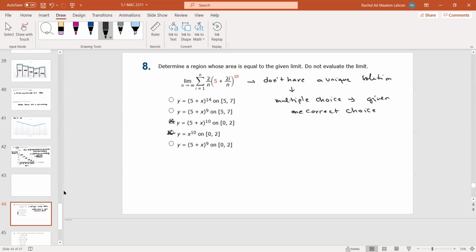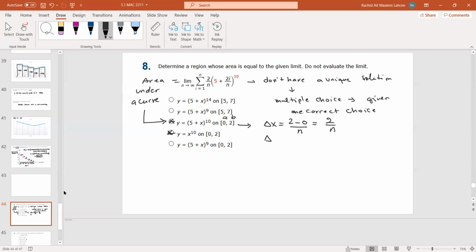So if we say this is the area under a curve, let's say this curve here, right? Then what does this mean? It means that delta x, of course, is b minus a, 2 minus 0 over n, equals 2 over n.